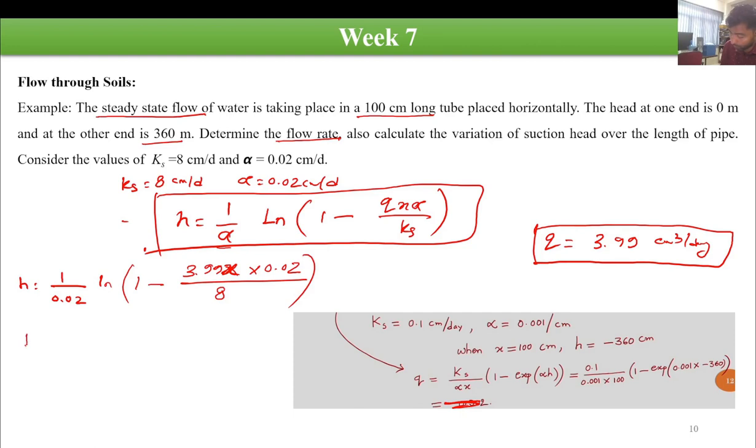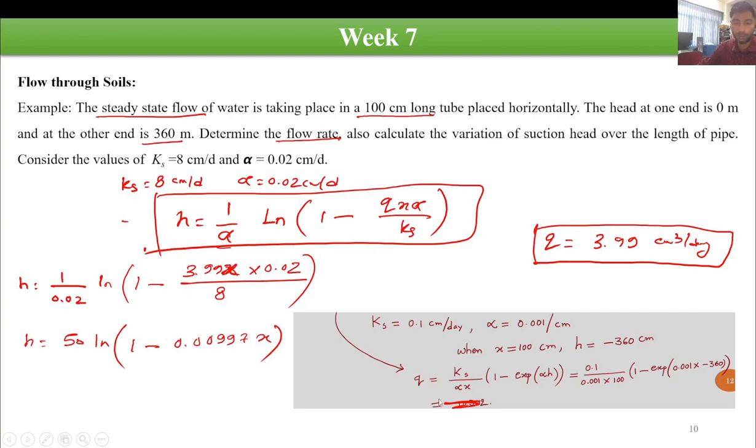If we simplify it further, then 1 upon 0.02 is 50, ln 1 minus 3.99 into 0.02 divided by 8. So that's going to be 0.00997x.